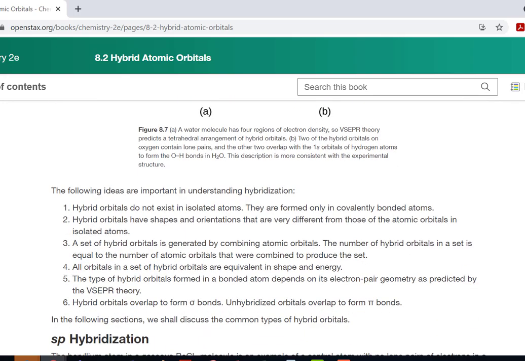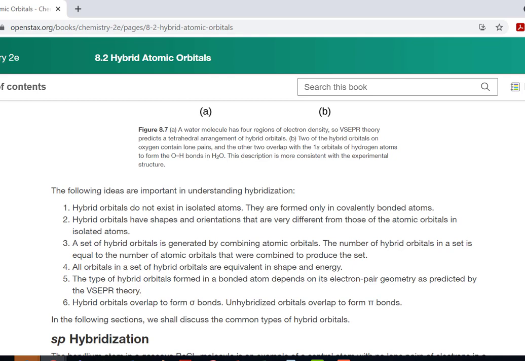Okay, so I'm going to end by discussing some of the important ideas for the concept of hybrid atomic orbitals. First of all, they do not exist in atoms. Hybrid atomic orbitals would only exist in covalently bonded atoms. So if you have just an oxygen by itself, it would have the kind of atomic orbitals that we discussed in Module 6.